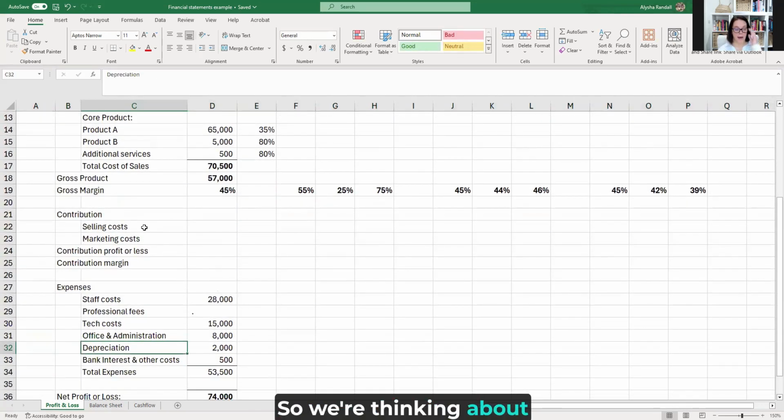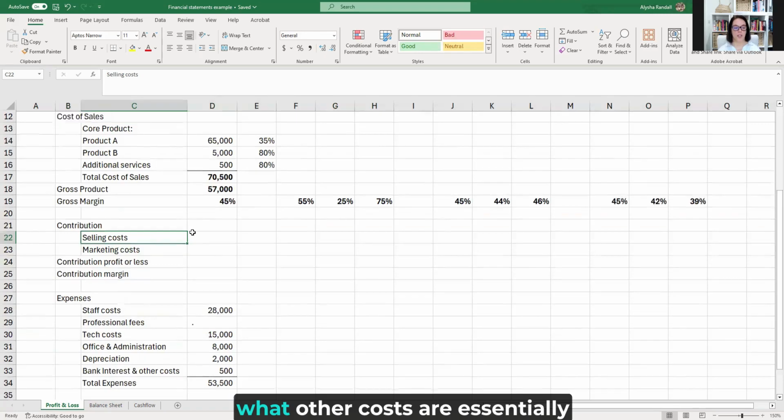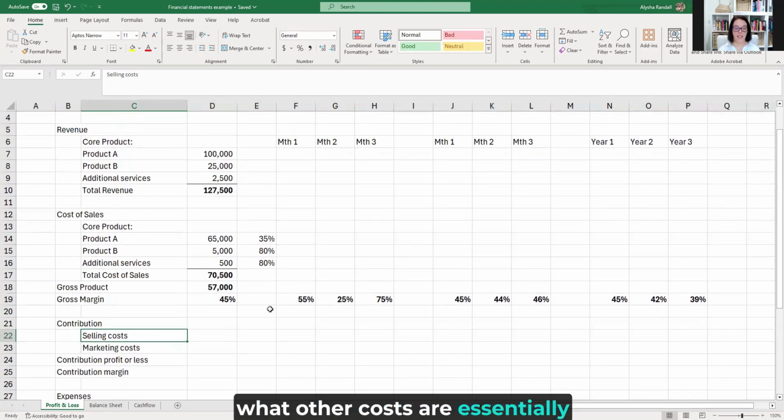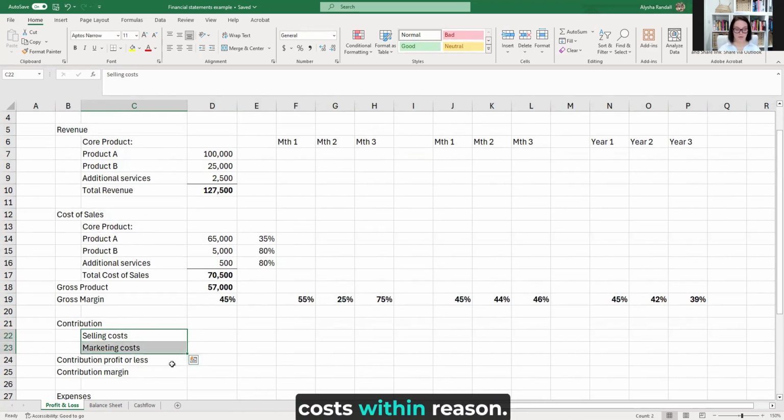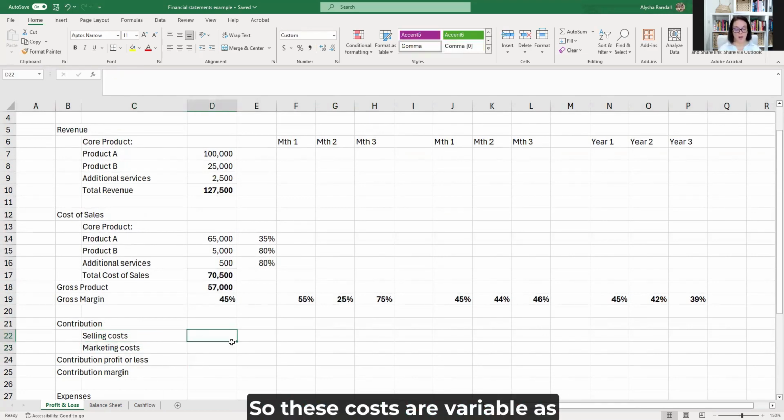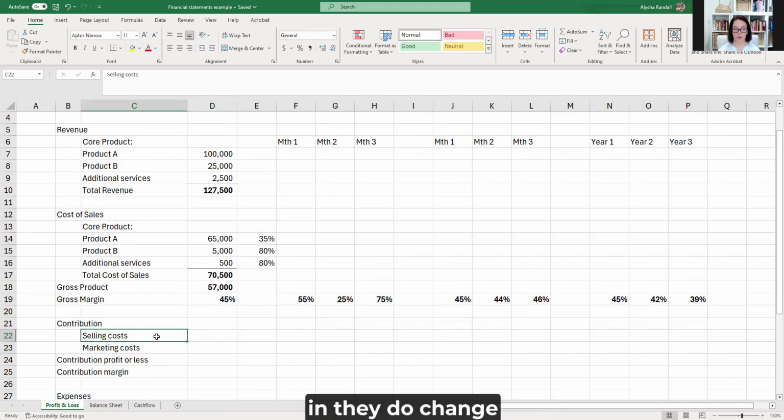So we're thinking about what other costs are essentially variable that you can dial up or dial down. And that's these costs within reason. So these costs are variable, as in they do change month on month, but you have control over them.